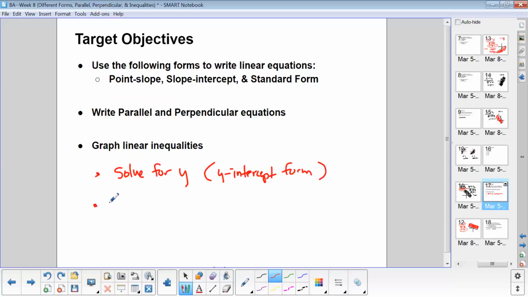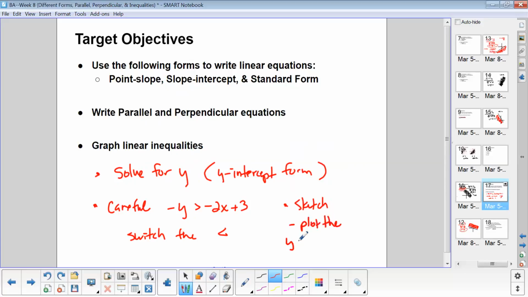We want to be careful when we have to divide, for instance, by a negative. That's going to switch the inequality sign from, for instance, a greater than to a less than. And then we want to sketch. So when we sketch, we want to plot the y-intercept and then apply the slope.